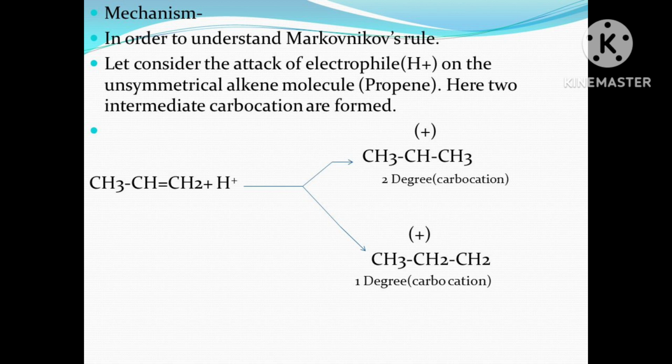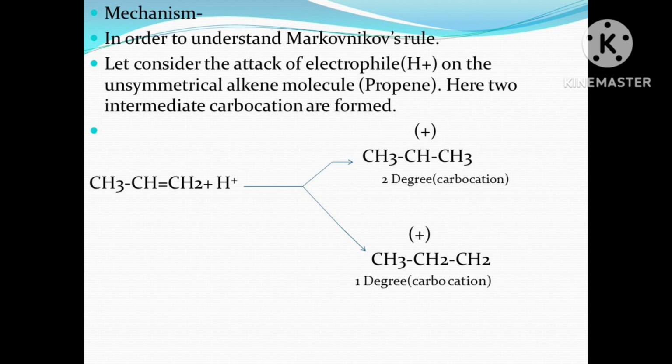More things about this secondary free radical. The secondary free radical obtained in this reaction mechanism is more stable than the primary. This explains the formation of 1-bromopropane as the major product.